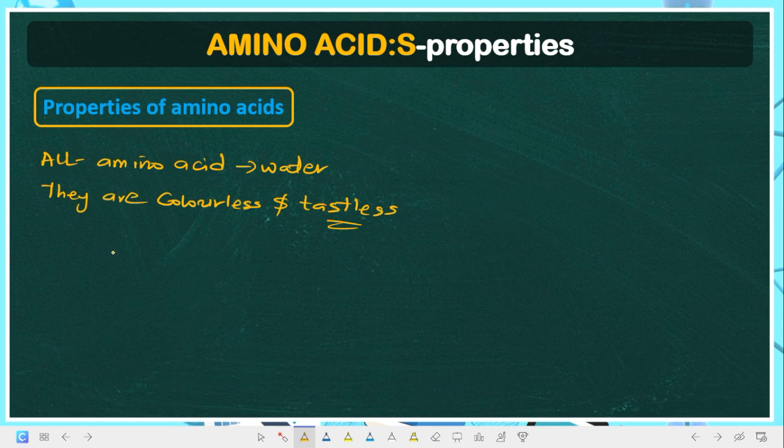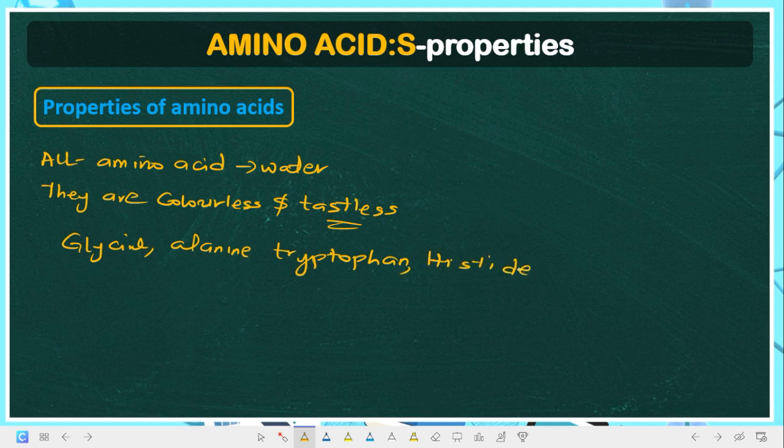Now glycine, alanine, tryptophan, and then histidine are sweet in taste. They are what? Sweet.